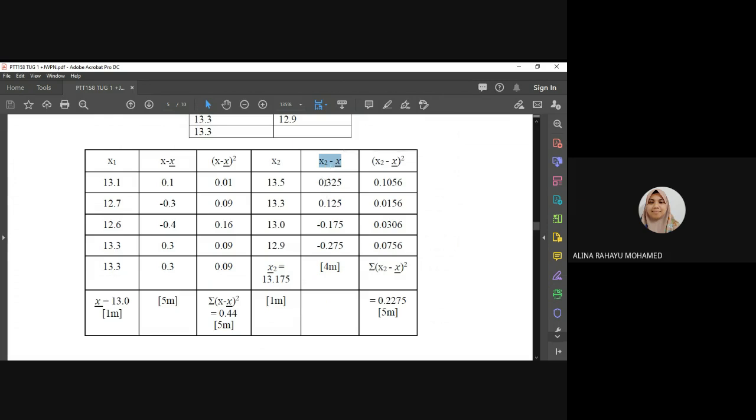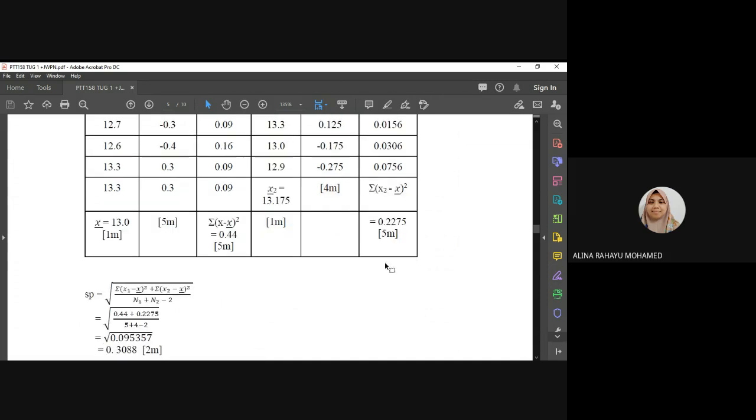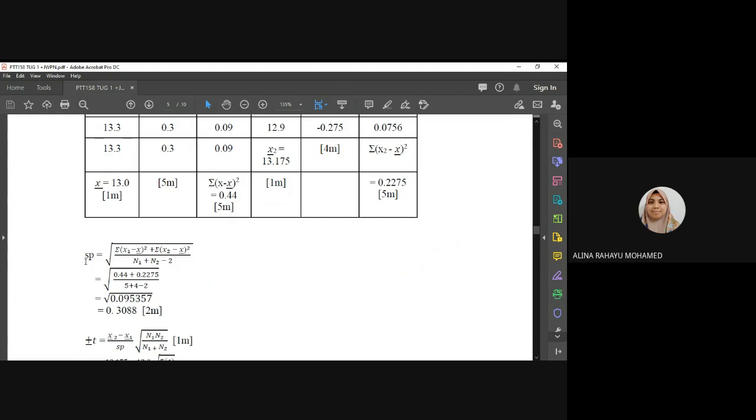Then we get x2 minus x bar squared. Square everything, and the sum of that is 0.2275. We need these two values, 0.44 and 0.2275, so that we can calculate the pooled standard deviation.